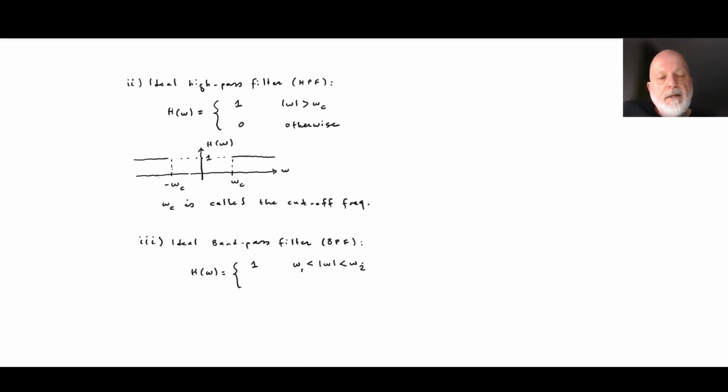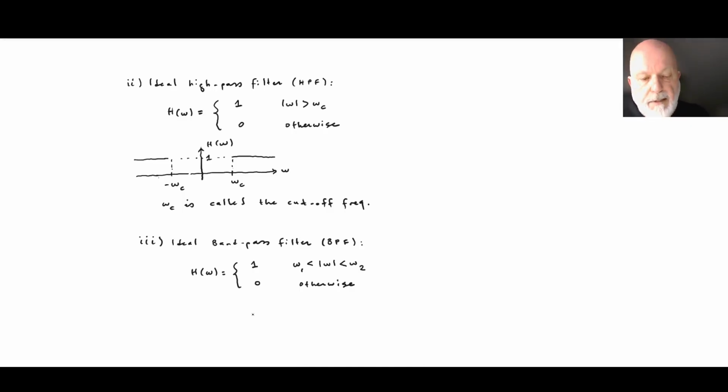Here we choose omega 1 and omega 2 as positive constants, with omega 2 greater than omega 1, and 0 otherwise. Now again, absolute value of omega between omega 1 and omega 2 implies that for positive omega, omega is in between omega 1 and omega 2, and for negative values of omega, between minus omega 2 and minus omega 1.